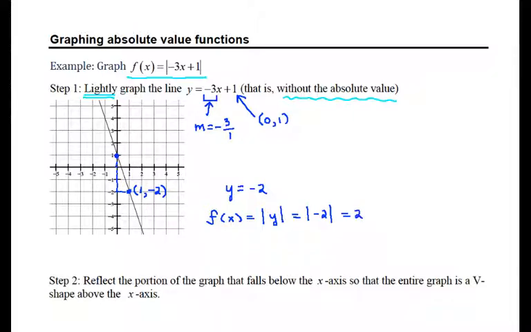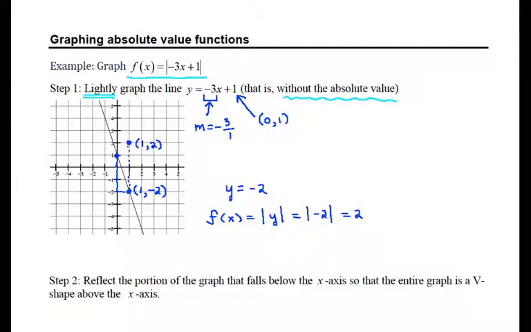So the way we get from this point to a point that's on the actual graph of the function f of x is we replace this negative y value with a positive y value, which is the same thing as reflecting this point up about the x-axis. So instead of a point at 1, negative 2, I want this point to be at 1, positive 2.